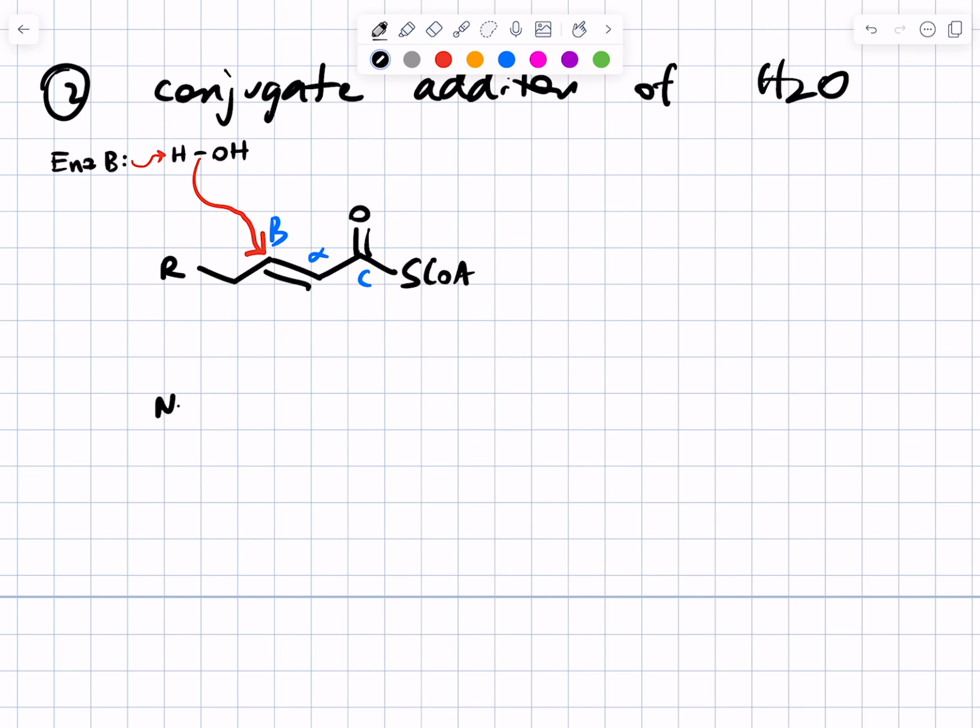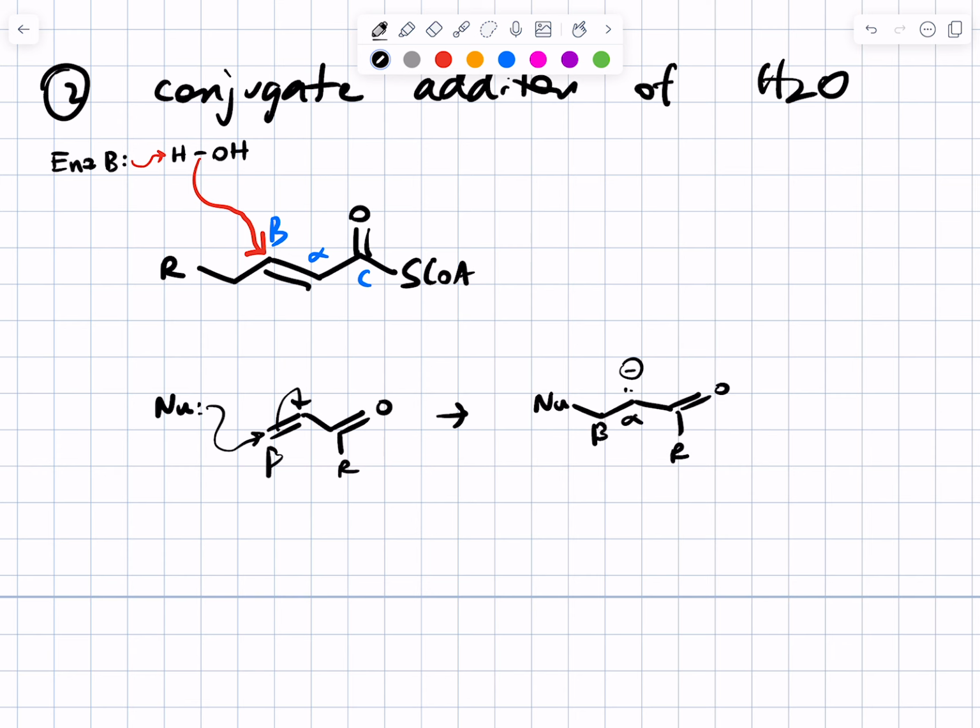Normally, if we did conjugate addition, we would draw the mechanism like this. A nucleophile would attack the beta carbon, then we would have a new bond between the nucleophile and the beta carbon, and we draw an enolate intermediate with a negative charge on the alpha carbon.